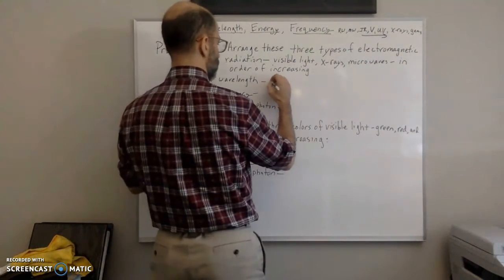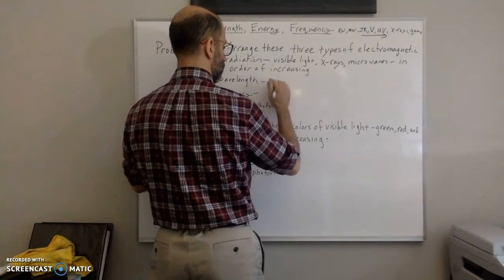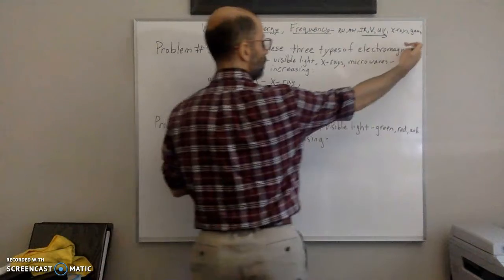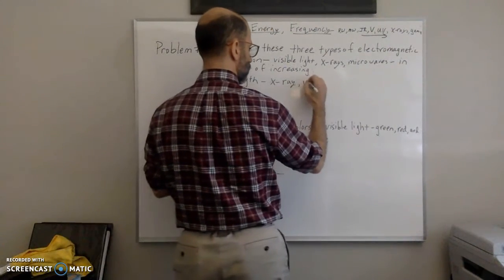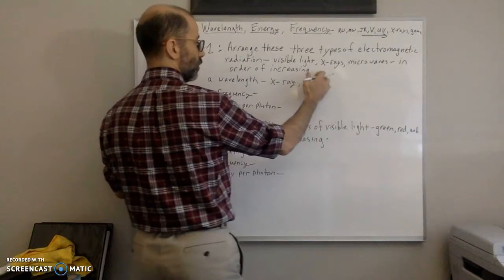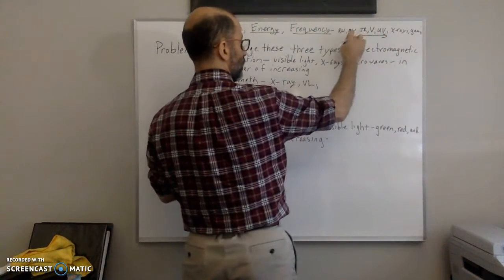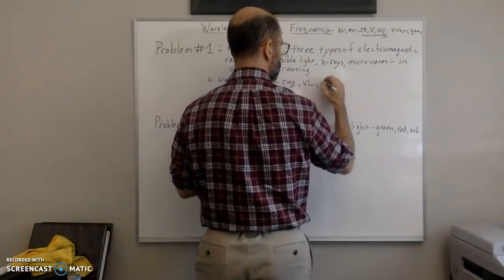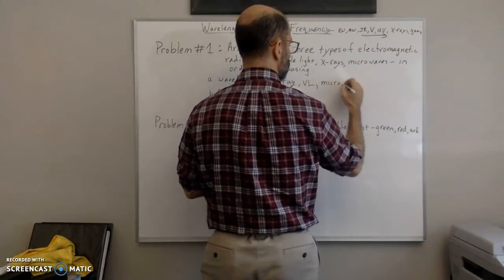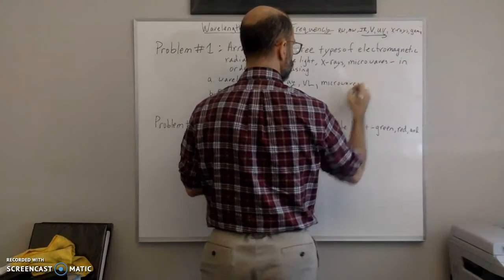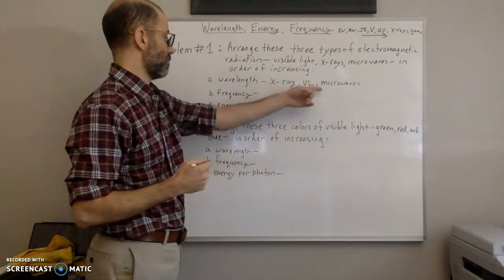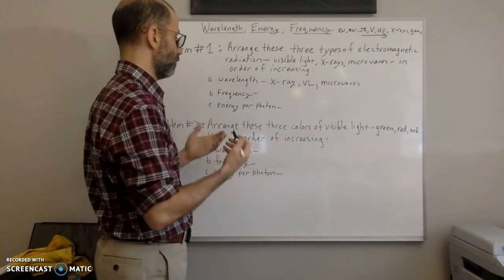That would be the shortest wavelength, X-ray, followed by visible light, VL for visible light. And then the next one, going this way, is going to be microwaves, which is going to be the longest. And so that would be the order according to wavelength.